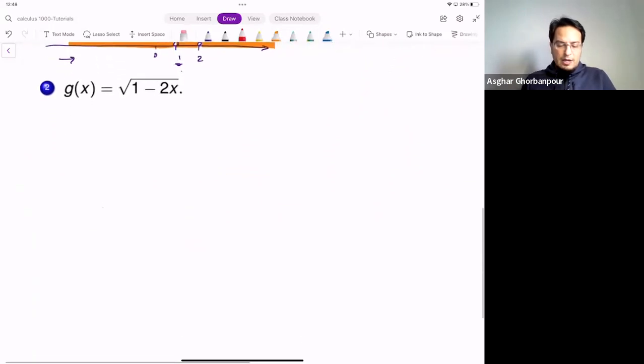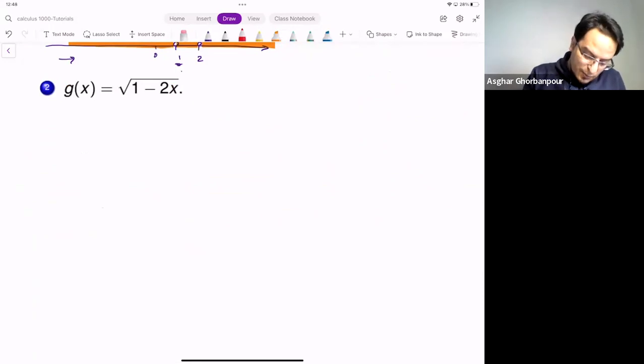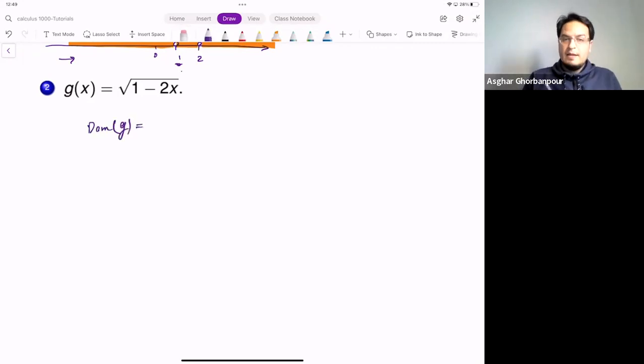For the other one, we see that there is a square root. Well, even if this was like fourth or eighth or 12th, whatever even root, you have to remember that in the real world, the domain of functions which involve even roots are the points which make the expression under the root non-negative or just positive.